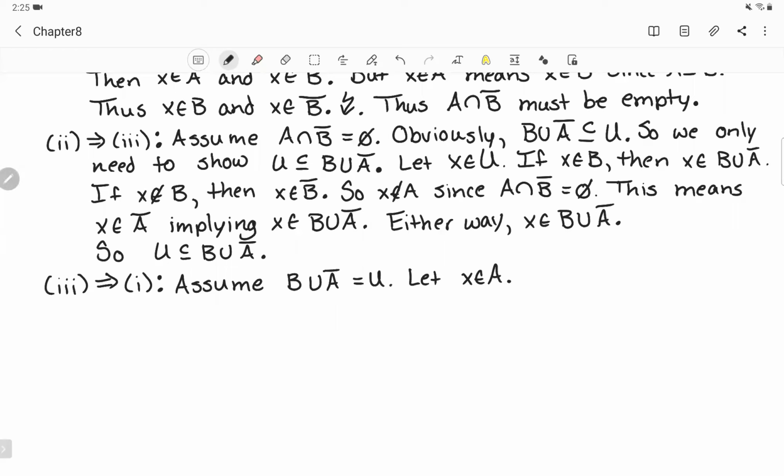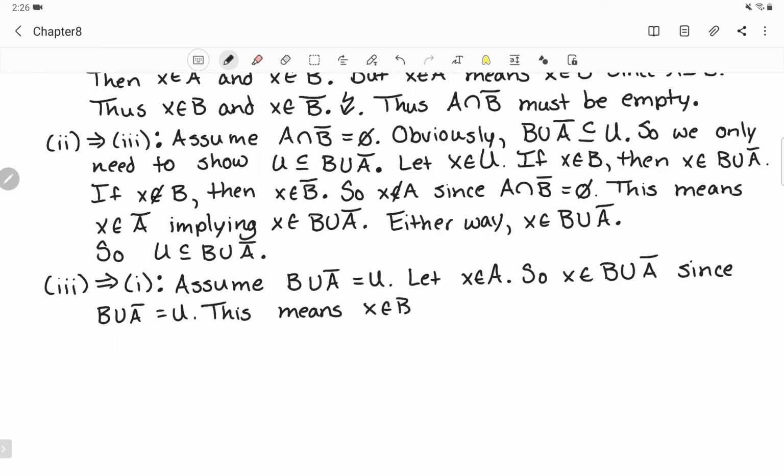Let's write it out. So X is an element of B union A complement since B union A complement equals U, the universe. This means X is in B or X is in A complement.